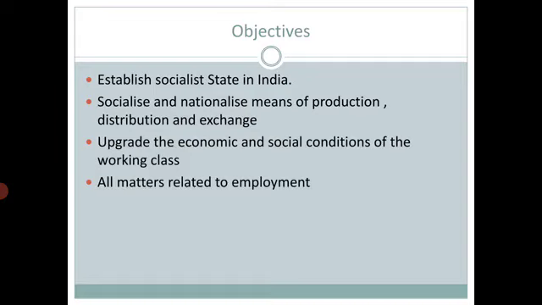Now whenever we consider production, distribution and exchange, the key element which is associated with all these three activities is the human factor. Is it? The human factor is associated with all these three processes, that is production, distribution and exchange.